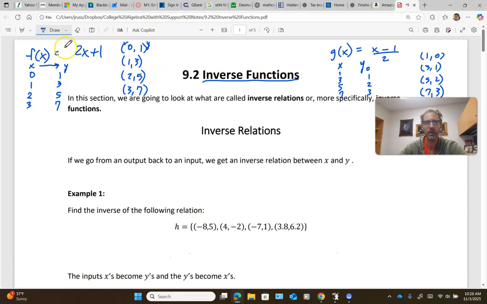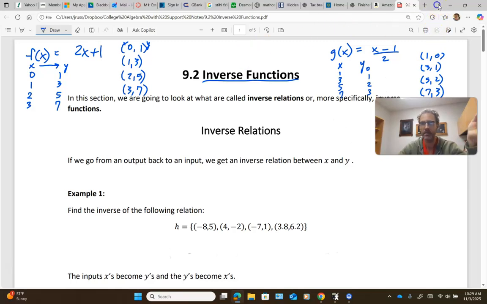In other words, whatever f does to a number, like if it transforms 1 into 3, then when you plug 3 into g, it transforms it right back into 1. Okay? So that's the characteristic of two inverse functions.